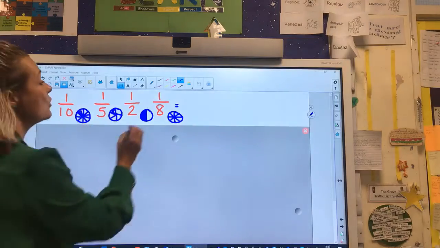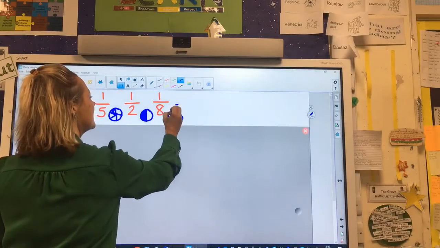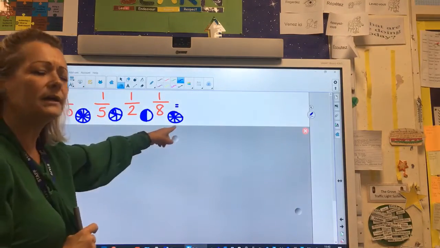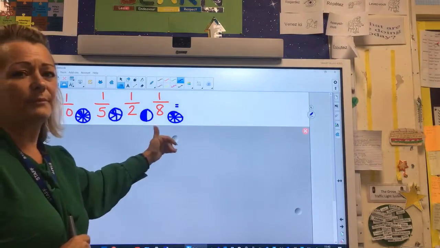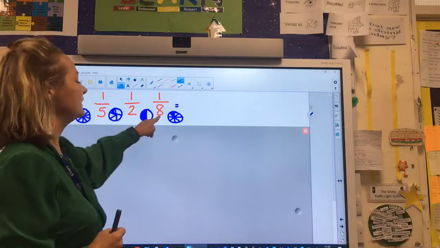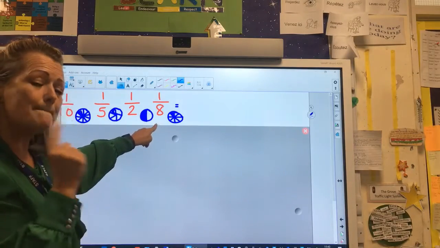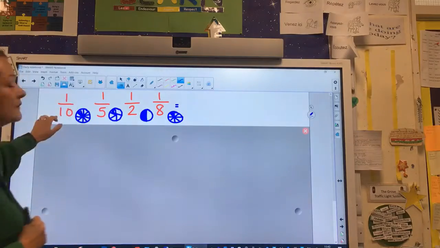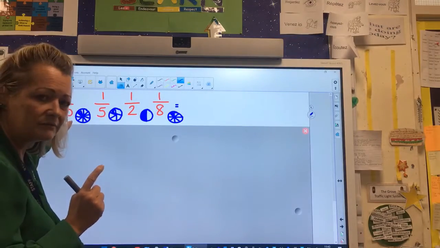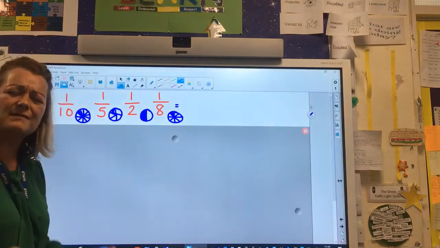So if I've only got one of these, is that bigger or smaller than one of these? Well, it's the numbers that would tell me actually, because this one is saying I have only got one part when my cake was split into 8 pieces. This one I've only got one part as well, but my cake was split into 10 pieces.